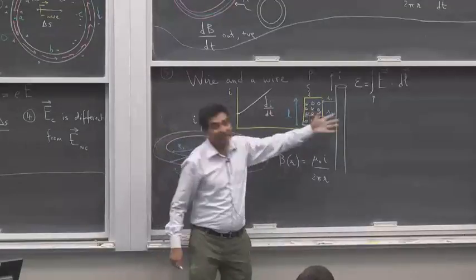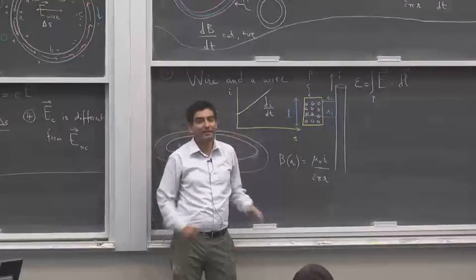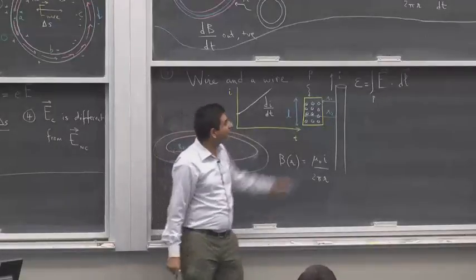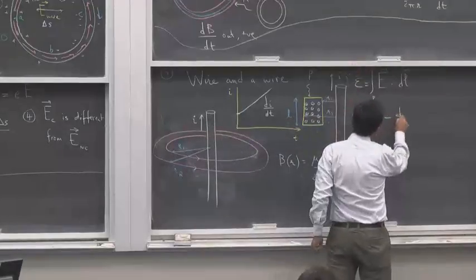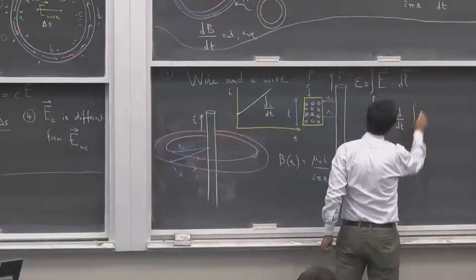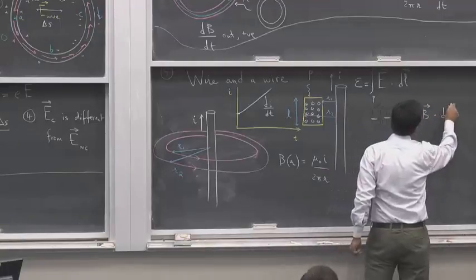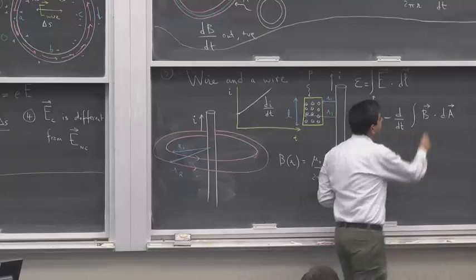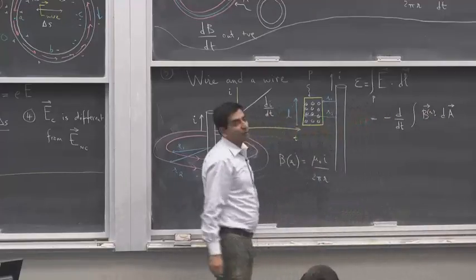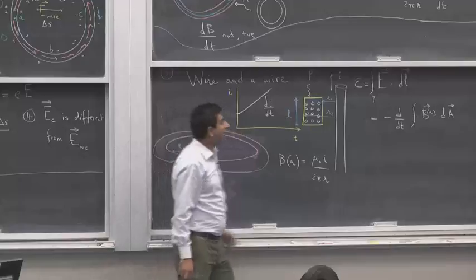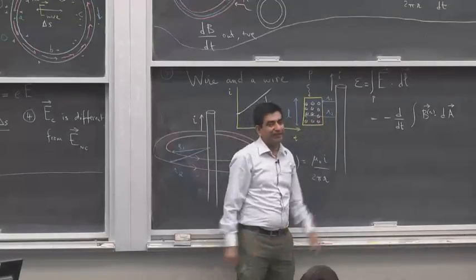So there is a changing flux through this loop, through the area bound by this loop. And that will give me the EMF. So I can calculate that: minus d/dt of the integral of B dotted with dA. Now this B is a function of r and it varies from point to point. Now I would like to calculate the dot product of each B with a small area element.